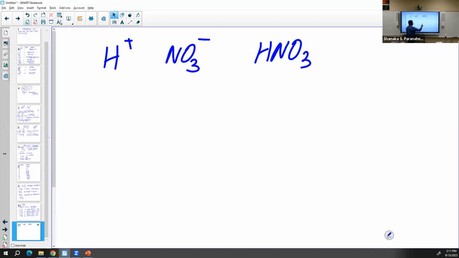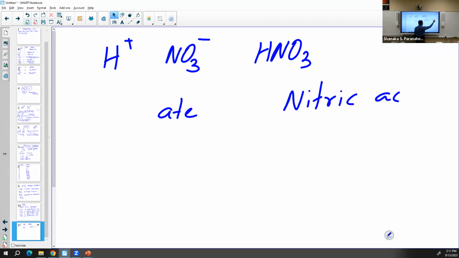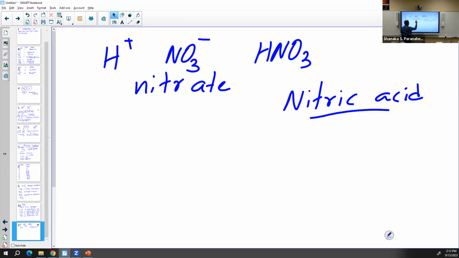These polyatomic ions end with ate. Polyatomic ions ending with ate simply convert into ic acid. No hydro part. So nitrate simply transforms into nitric acid.